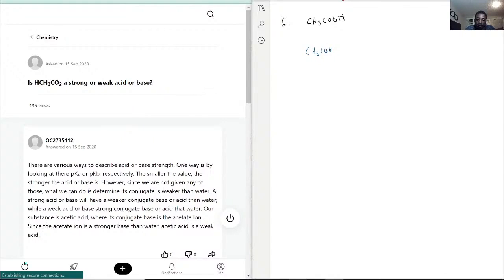CH3COOH. Okay, and we only know that because we have to draw it out. I would start with that first. Sorry about that. So CH3COOH, for example, would be like this right here, which is acetic acid.